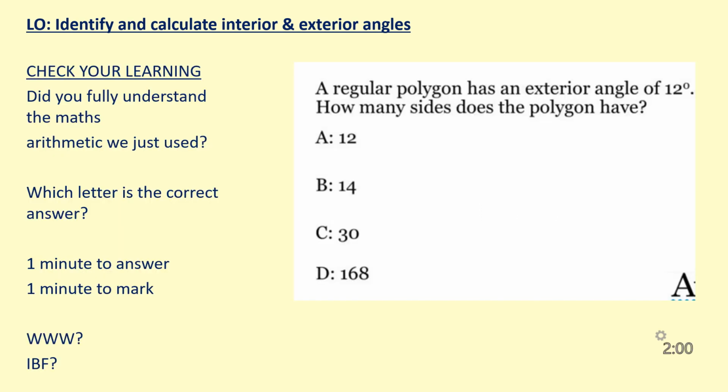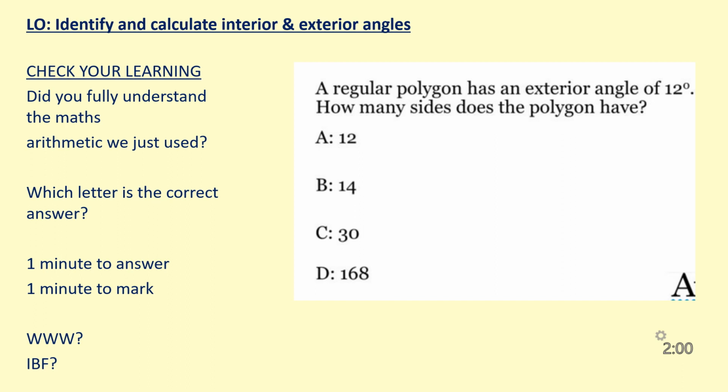Okay, one more question just to check our learning. Did you fully understand the maths arithmetic we just used? So the steps, how we did it, which letter is correct, multiple choice again, 1 minute to answer, 1 minute to mark. So again, stick to the time and have a go at the question.